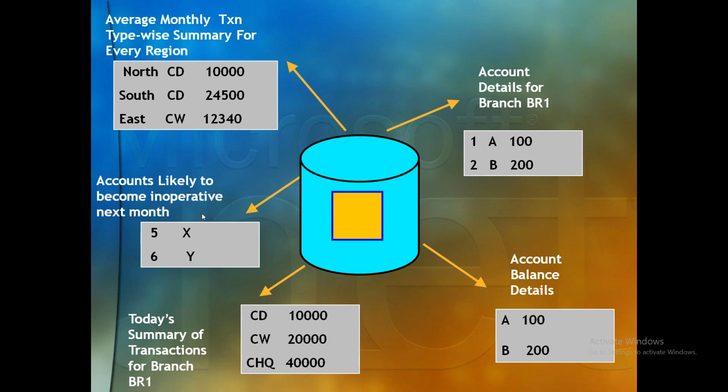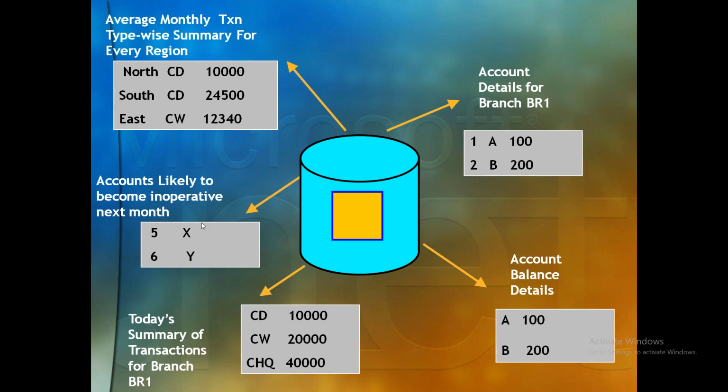Accounts likely to become inoperative next month. So what is this one? I want to know who did not do any transactions for, say, more than 6 months. Clear? So I want to write a query and use it. If you don't do any transaction for more than 6 months, what will happen? Already you have crossed 5 months, so next month will be your sixth month, so you can give an alert.